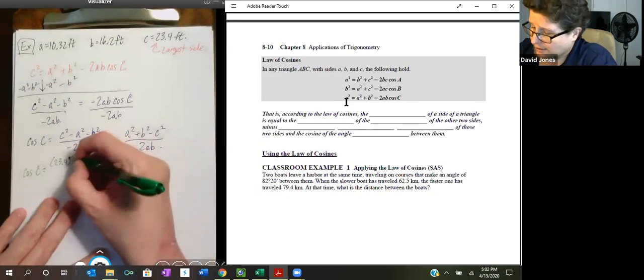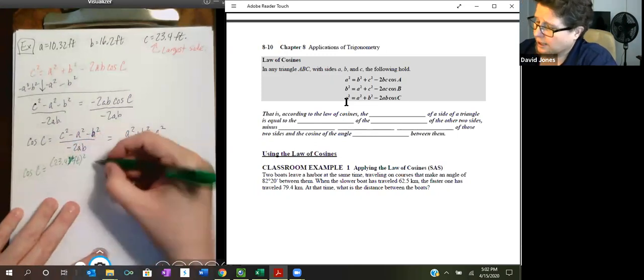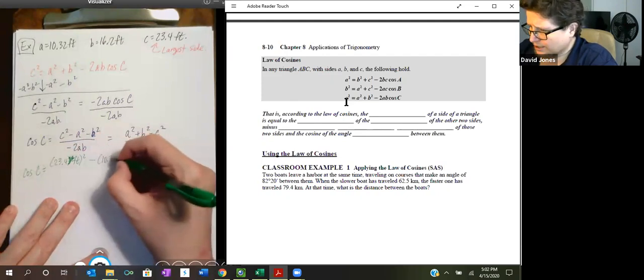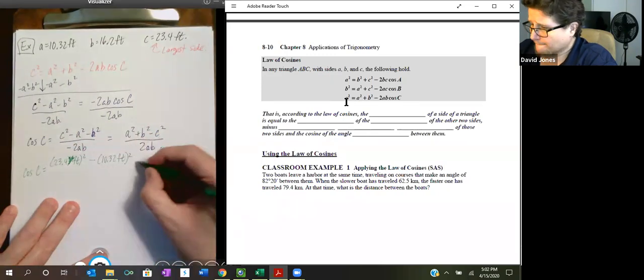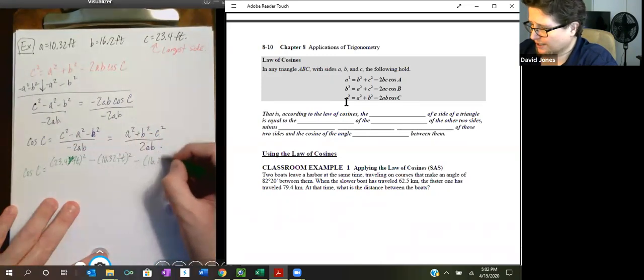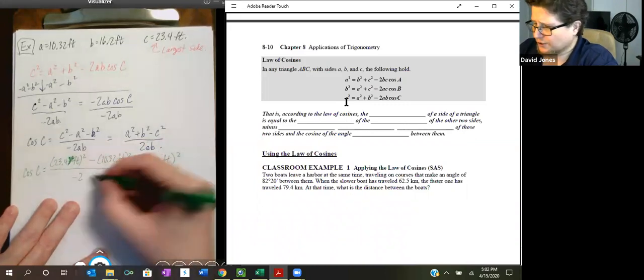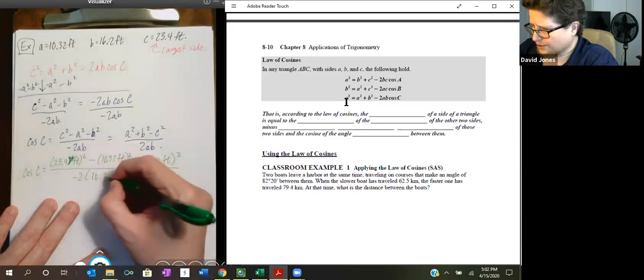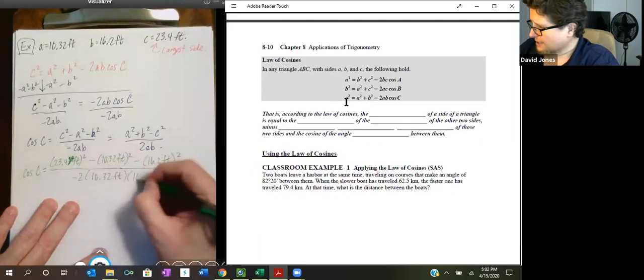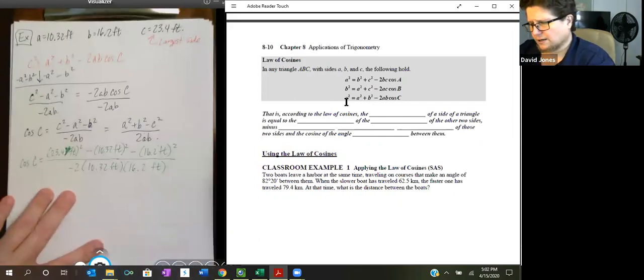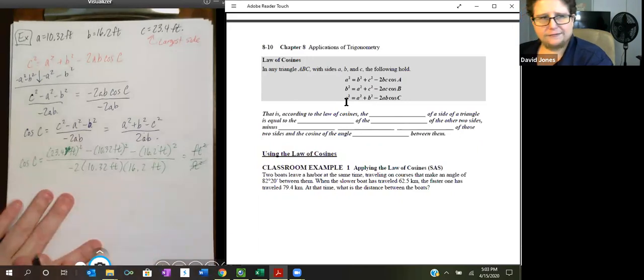Actually, I better put the units. 23.4 feet squared, minus 10.32 feet squared, minus 16.2 feet squared, divided by negative 2 times 10.32 feet times 16.2 feet. We've got feet squared on top, feet squared on bottom. It goes away, which makes sense. Cosine of C is just a number.